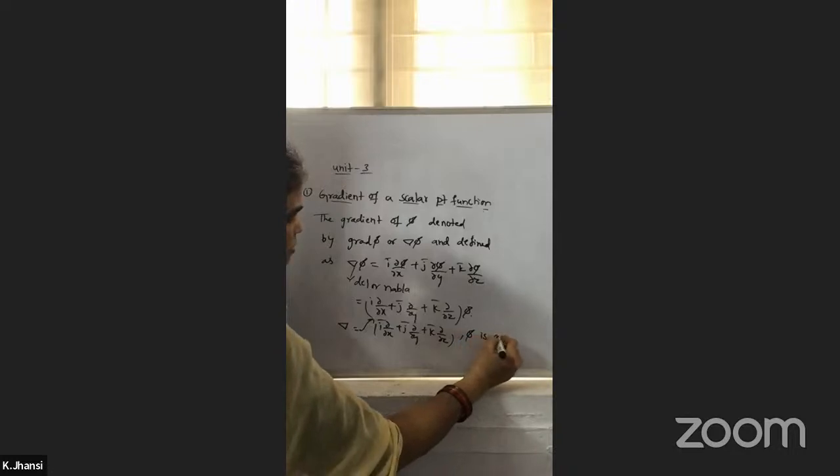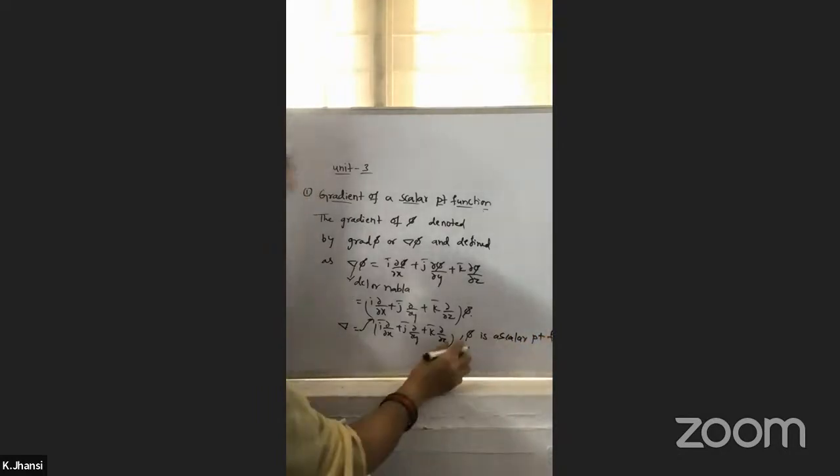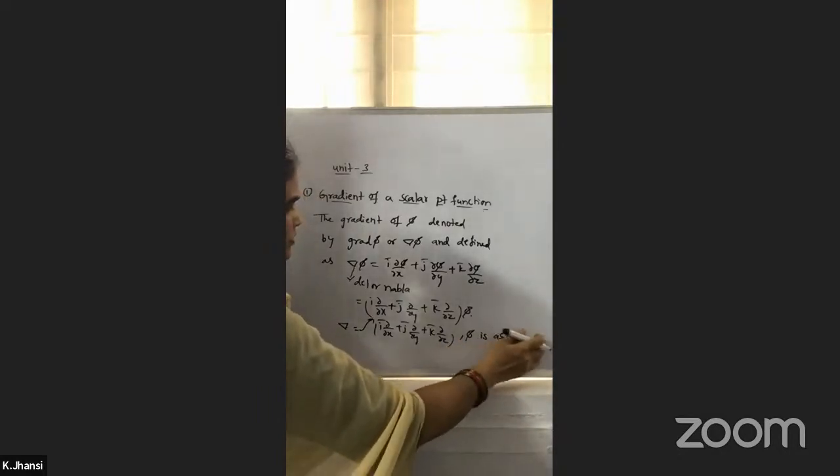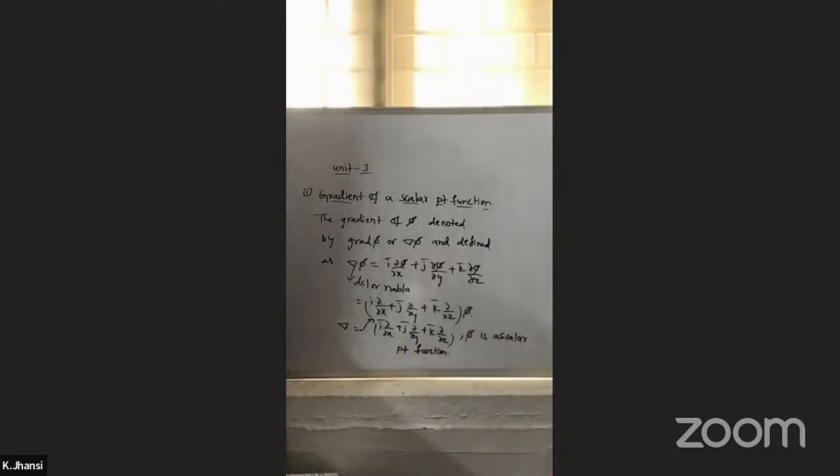Remember, phi is a scalar point function. This definition of the gradient of a scalar point function is important, and how we represent it and how it is defined; these two concepts are important. For each and every operator there are properties, and you will get those properties in the objective type of questions.